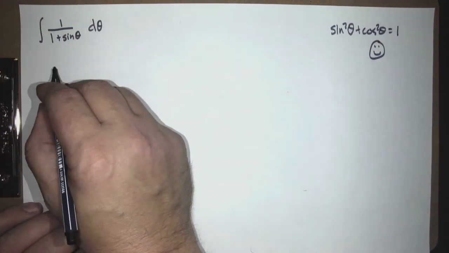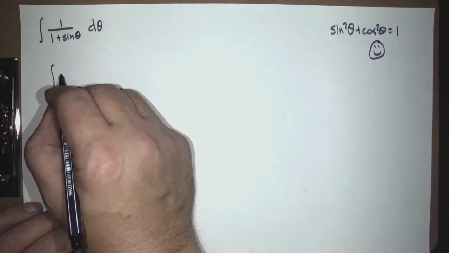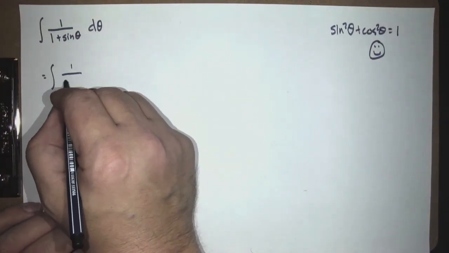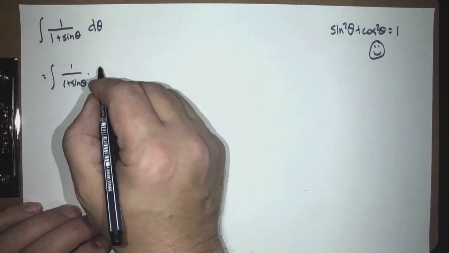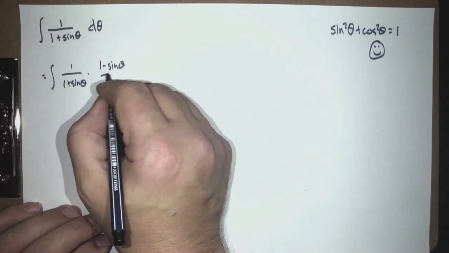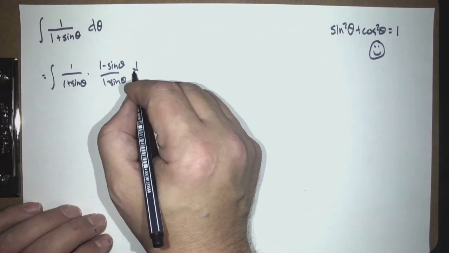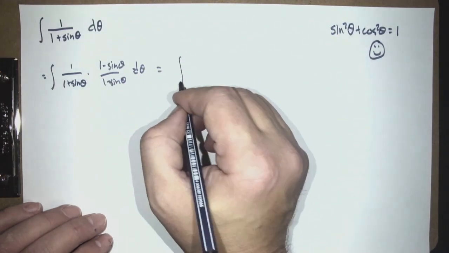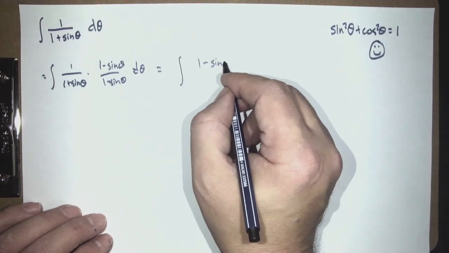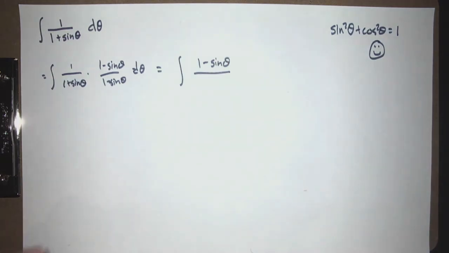Well, let's find out. So we have, this is the same as integral 1 over 1 plus sine, multiplied by 1 minus sine, over 1 minus sine, d theta. And upstairs we have 1 minus sine theta. When we multiply by the conjugate, 1 plus sine theta times 1 minus sine theta, what does that become?